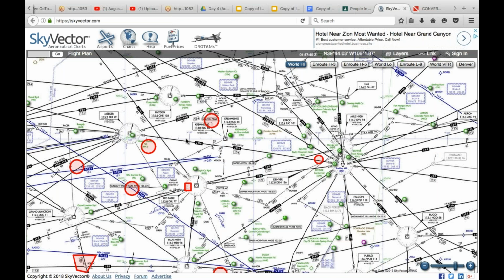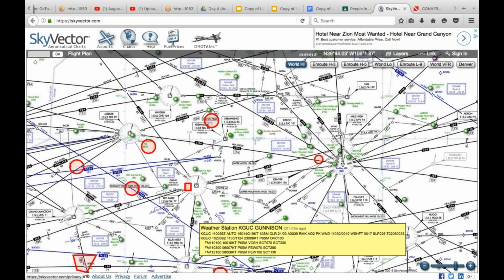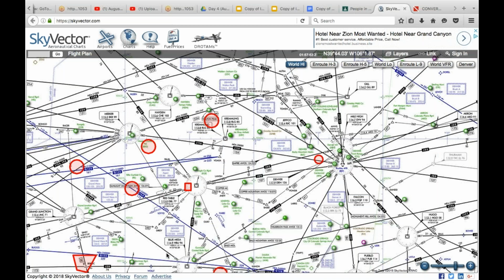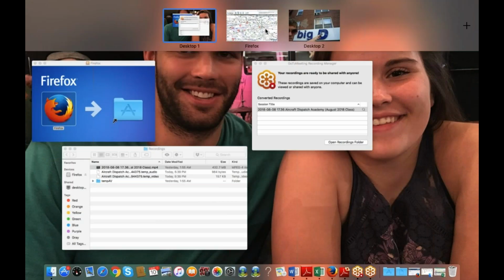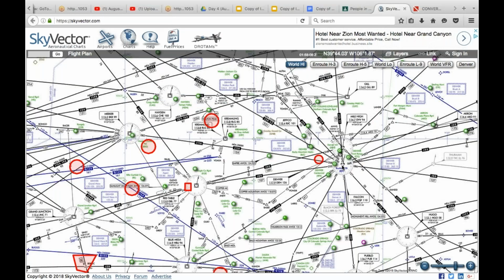Do we have a distance measuring? No. It didn't let me use that, but yeah, so if we had filed direct from here to here, there's no jet route.